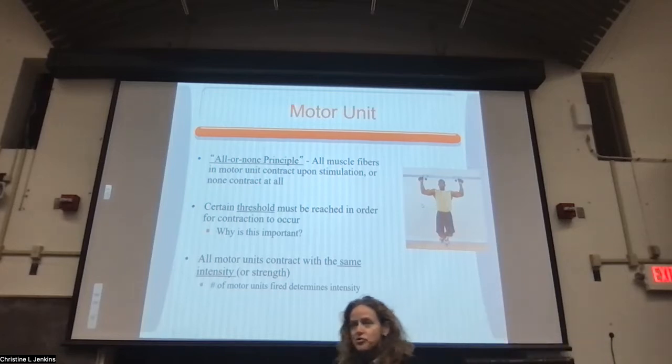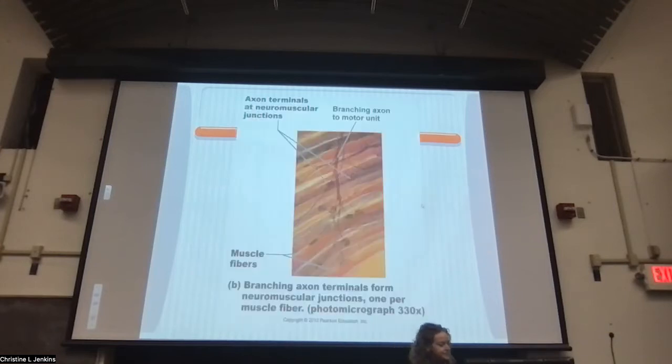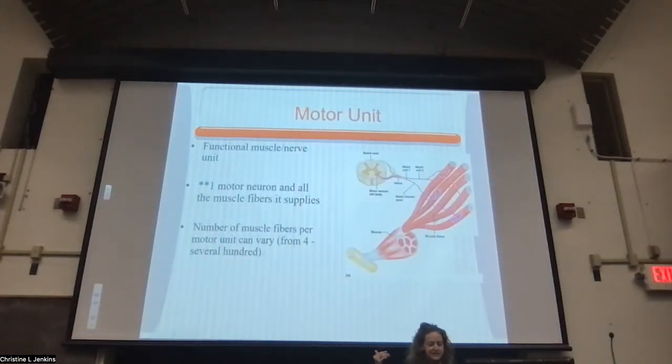If I want to contract my quads as forcefully as possible, I'm going to activate every single motor neuron, every single motor unit. Let's use this as an example. If I want to contract this with maximal force, I will send nerve impulses down the red and the purple.